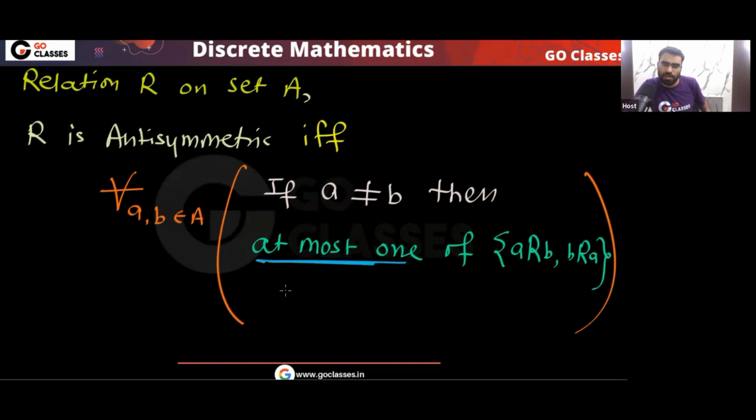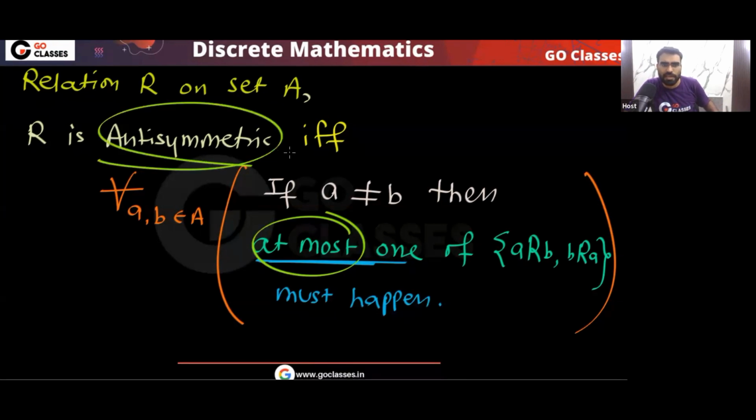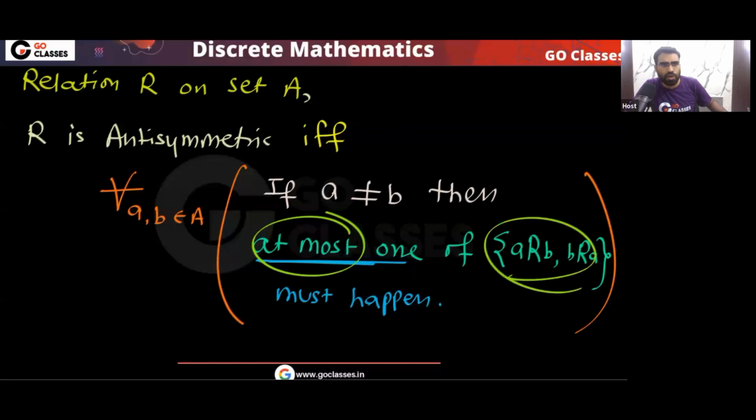It is possible that both do not happen, that A is not related to B and B is not related to A. That is possible, but at most one of them must happen. So this is one way to define antisymmetric relation: if you have two different elements, then at most one of A related to B, B related to A must happen.